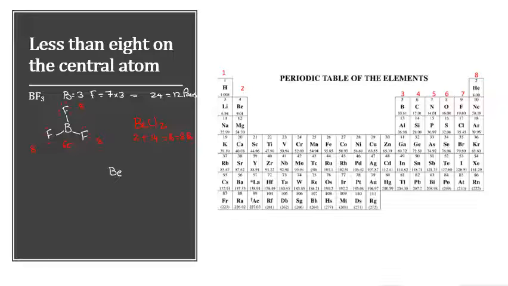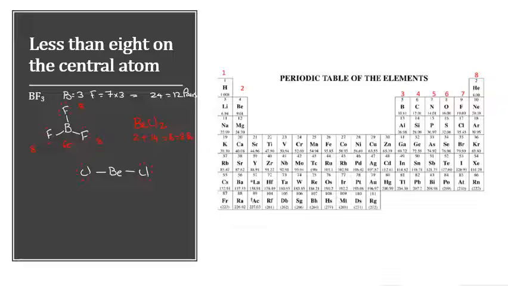Beryllium will be the central atom, and then chlorine and chlorine on both sides. Out of 8 pairs, I used 2 already, so we have 6 left. We can put the lone pairs on chlorine. So 6 pairs I put. Total 1, 2, 3, 4, 5, 6, 7, 8 pairs I used.